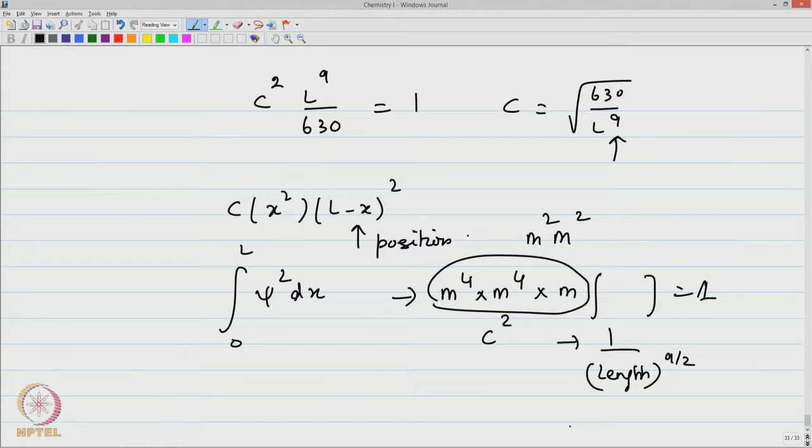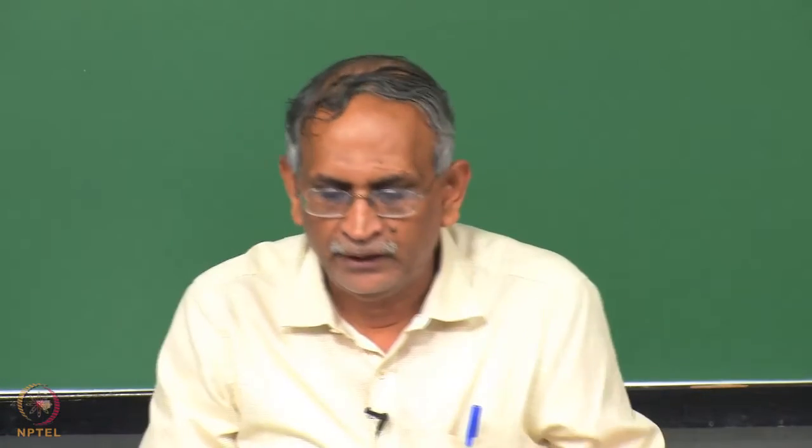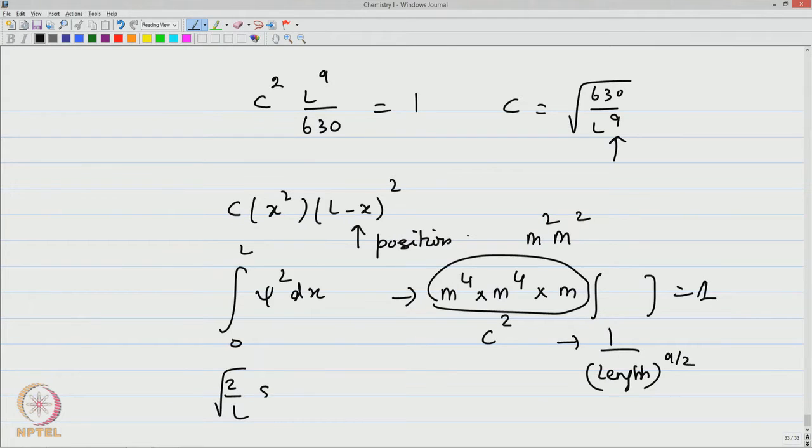This is also a fundamental result in quantum mechanics, that if the wave function depends on a position variable in one dimension, the wave function dimension will be 1 by square root of the length. You have already seen that, because for the particle in the 1D box, you have root 2 by L sin(n pi x by L), square root of L in the denominator, L to the half.